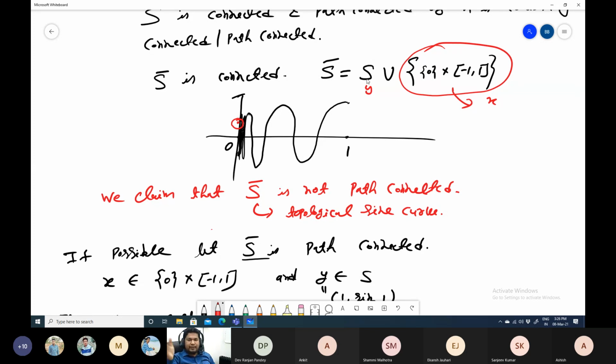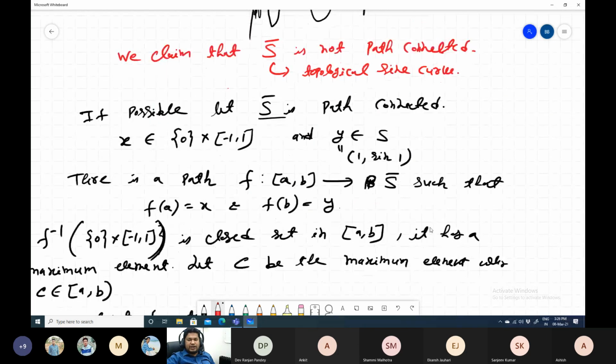By manipulating, we can take that domain, and then f of t equals x of t comma sine 1 by x of t. Then by using the intermediate value theorem, we can choose one point which is less than 1 by n, here it is Sn. Then Sn converges to 0 and x of Sn converges to 0 also, but the next component is not convergent, it is oscillating.